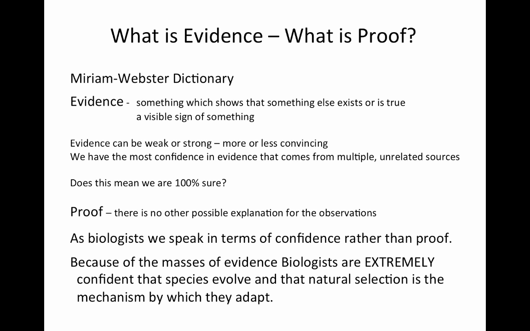What I want you to understand from this whole unit where we're looking at the evidence for evolution is that there's a lot, and it comes from lots and lots of sources that are not directly related to each other. Because of all of this evidence, biologists are extremely confident in the theory of evolution, as confident as any scientist is in any theory: germ theory, atomic theory, plate tectonic theory, gravitational theory.